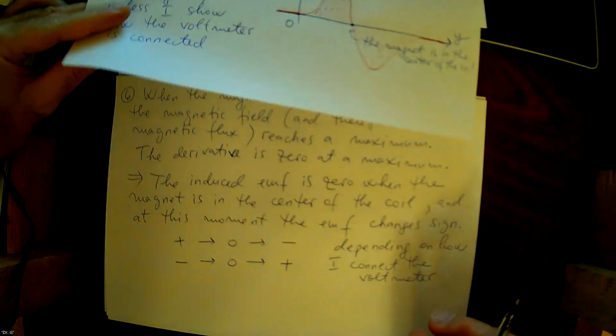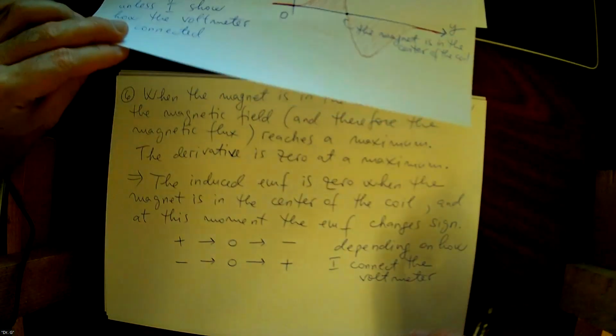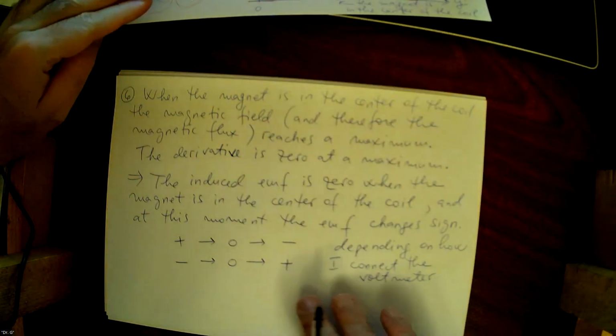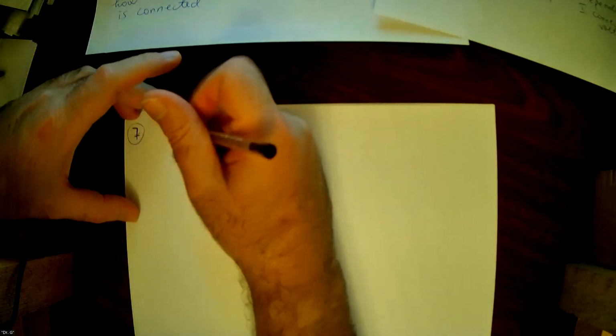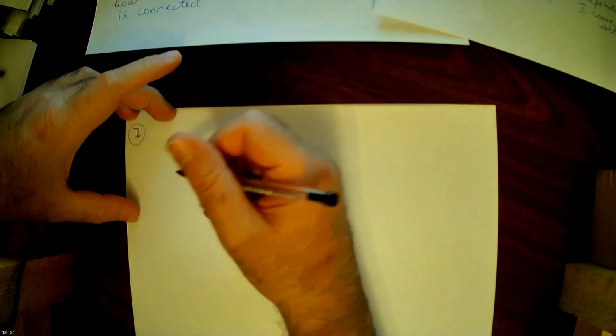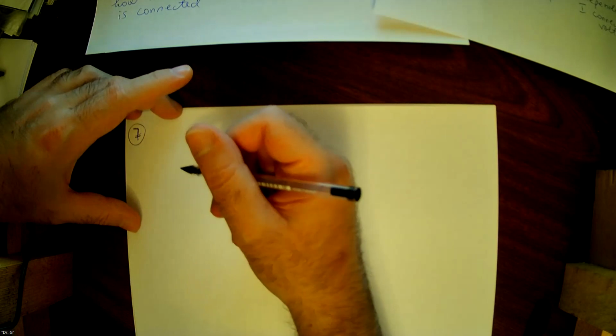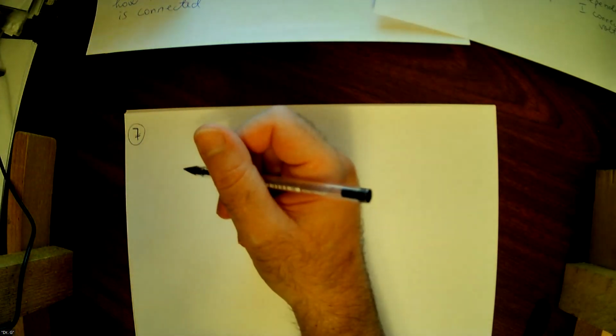Actually, I need to graph it as a function of time. These are not the areas I worry about. Okay. So another graph with the magnetic flux as a function of time.